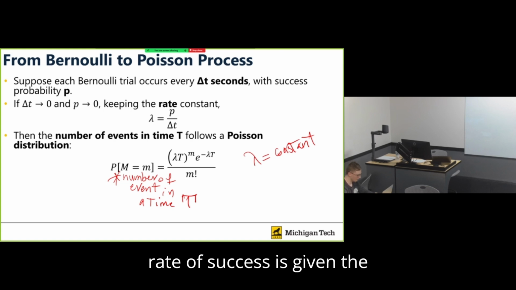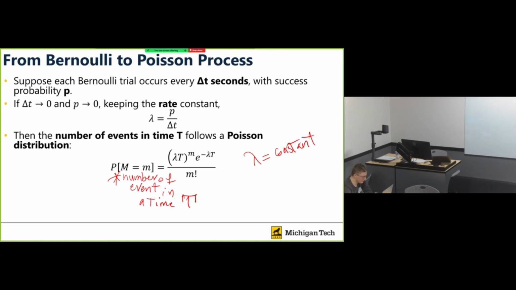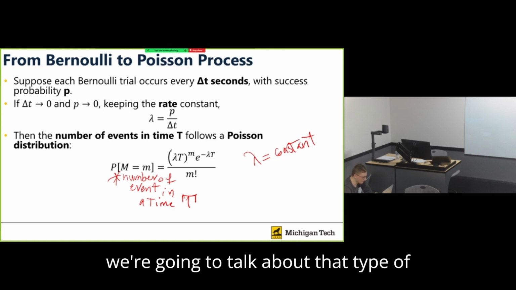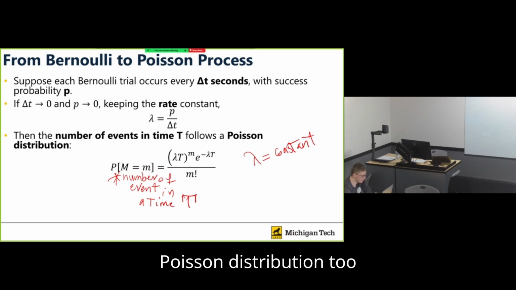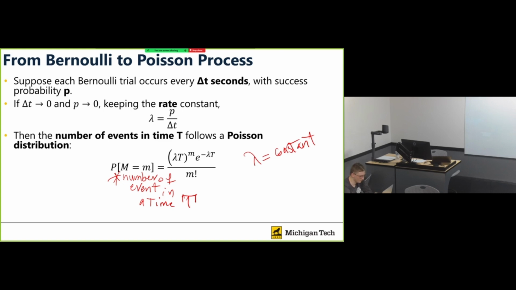The rate of success is given, that is constant, most of the time considered constant. However, we're going to talk about that type of Poisson distribution too, the homogeneous Poisson. Anyway, this is the Poisson distribution.